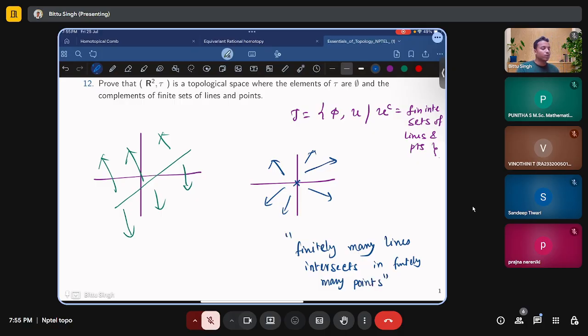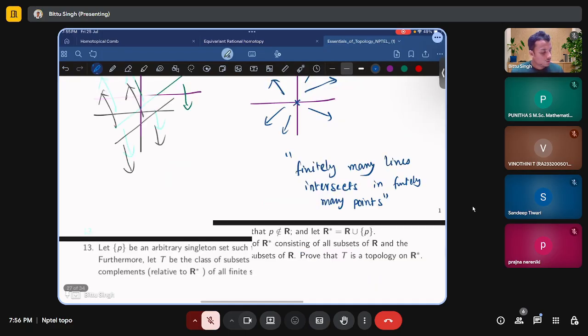This is the fact you need to use to prove that those are closed under arbitrary union. So by this fact you can prove this is a topological space. Again, the same De Morgan's laws application.